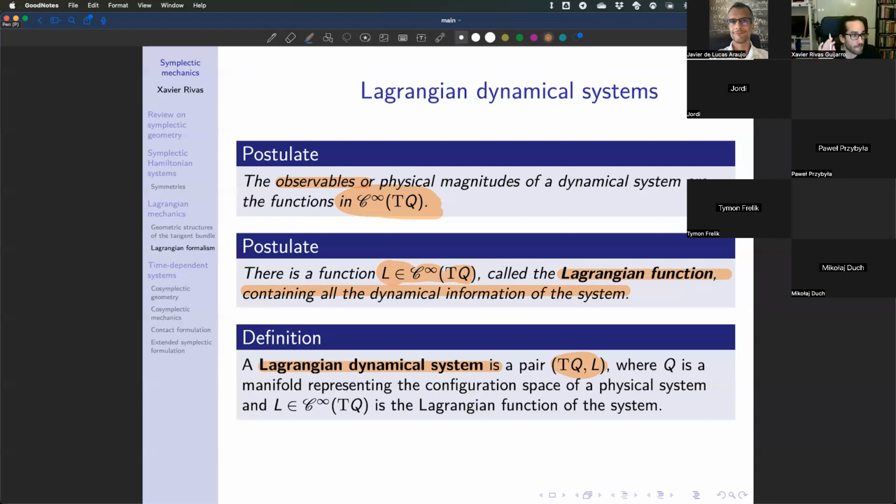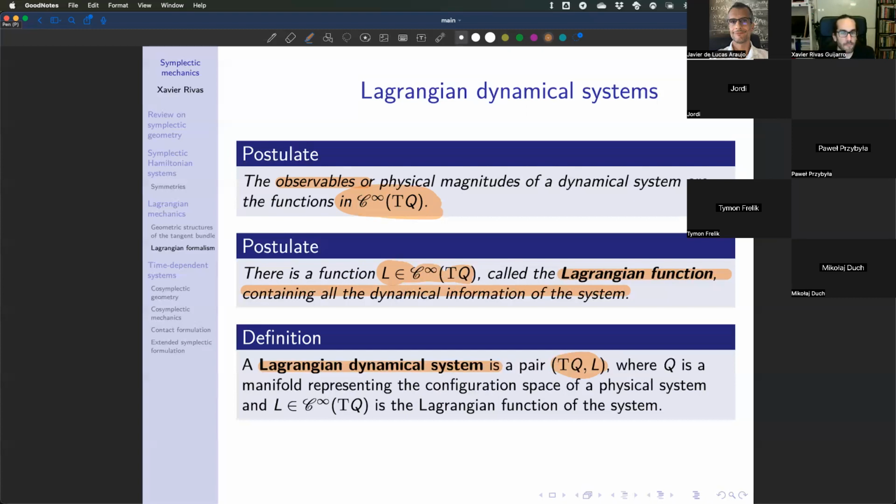May I have a remark? Yeah, sure. You know, these are postulates and they are said in many places. But one of the curious things is that they don't need to hold. There are certain physical systems for which you will not have a Lagrangian function to describe them.